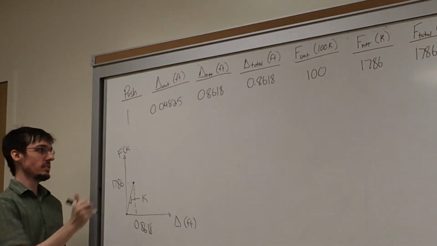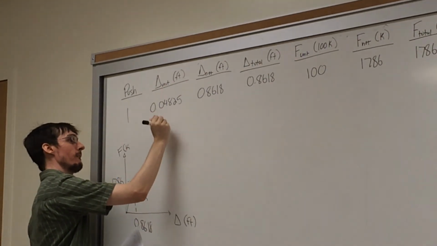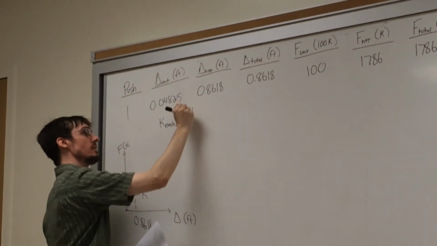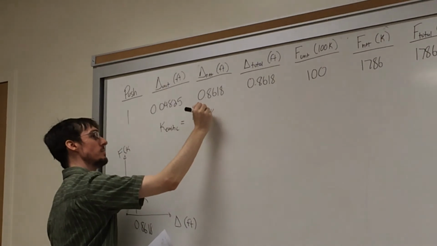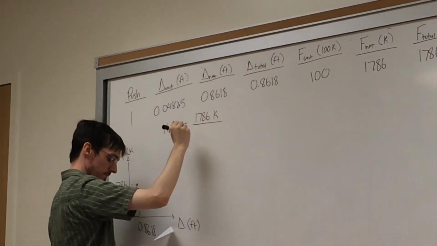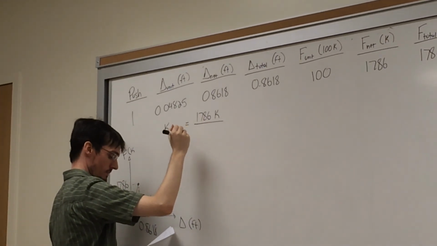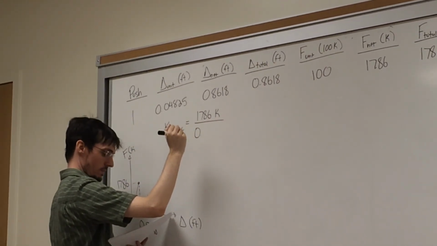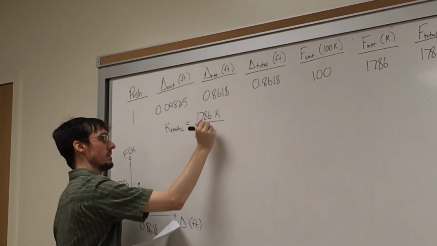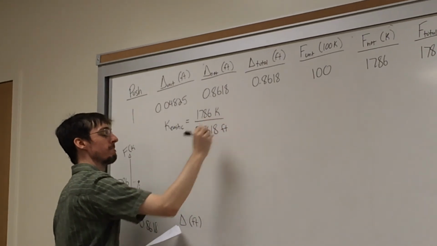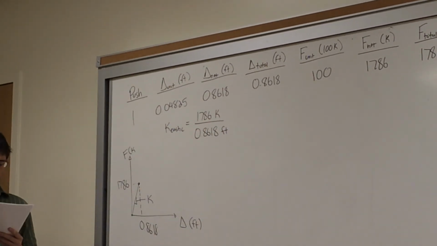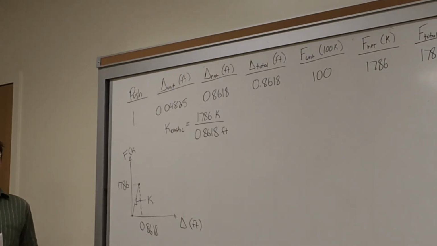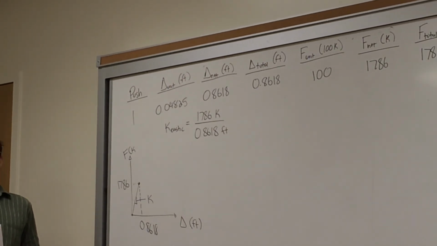So K in this case would be our elastic stiffness. This would be 1786 kips over 0.8618 feet. I don't have that number written down, but you can easily work out what the stiffness in kips per foot would be for your frame.